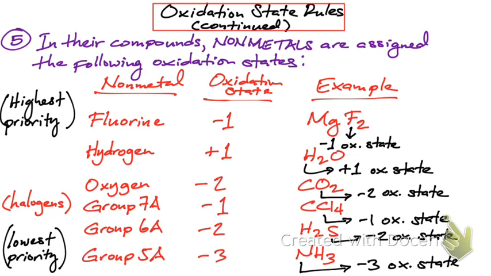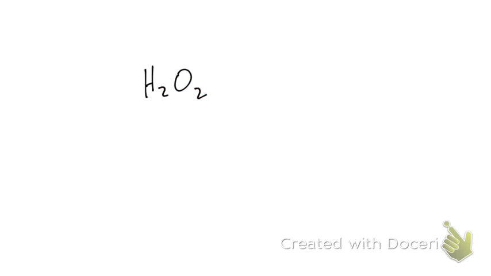hydrogen peroxide, okay? So this is the chemical formula for hydrogen peroxide, H2O2. So which one do you think would take higher priority here? Would it be the hydrogen or the oxygen?